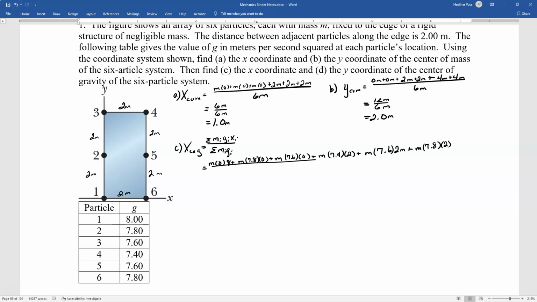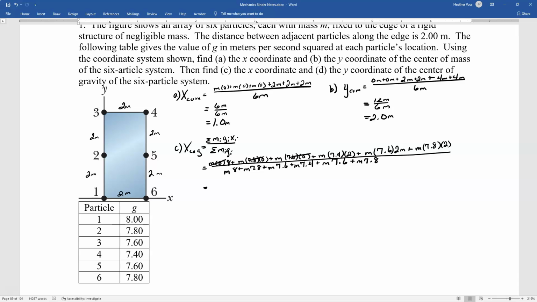All over the masses times the gravities, so this is going to be m times 8, m times 7.8, m times 7.6, m times 7.4, m times 7.6, m times 7.8. So, a lot to work out.